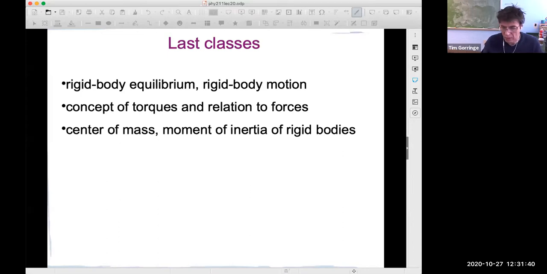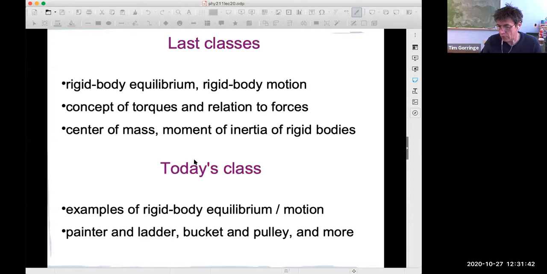Okay, today's class, I want to concentrate on some examples and illustrations of rigid body equilibrium and rigid body motion. Actually, what we're going to do is really work through some famous or classic examples of rigid body equilibrium and rigid body motion.